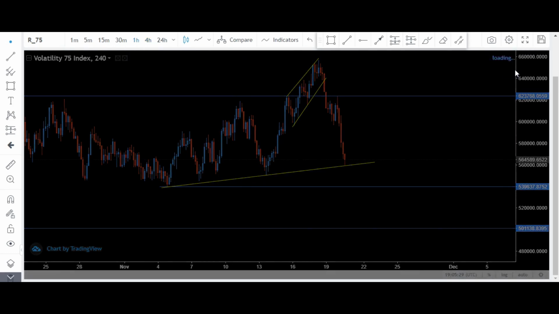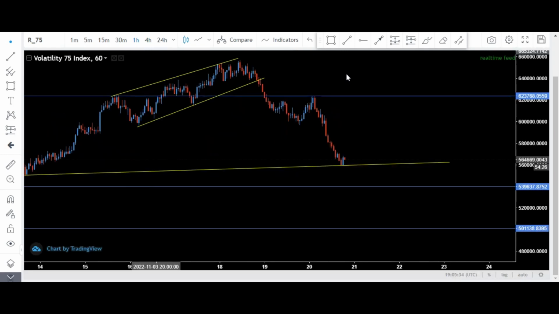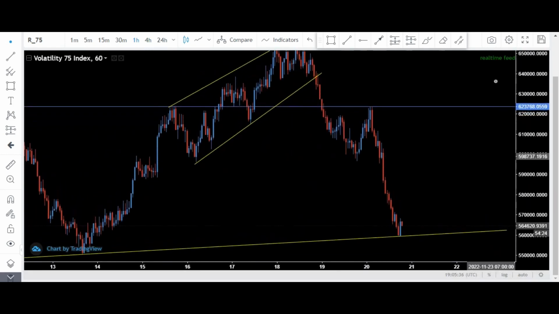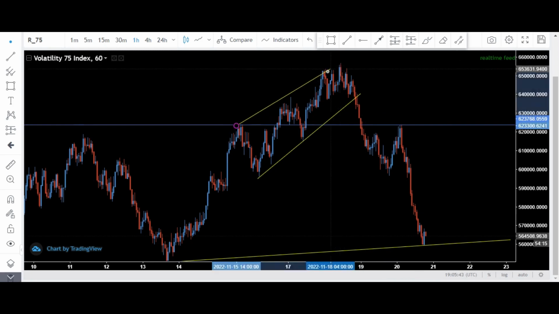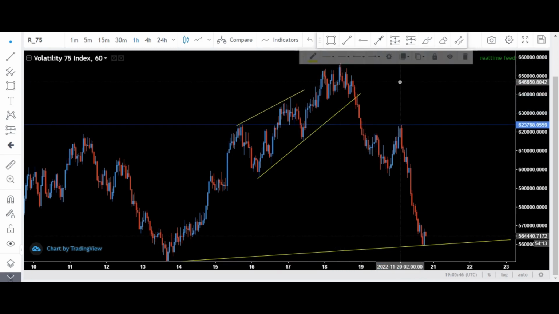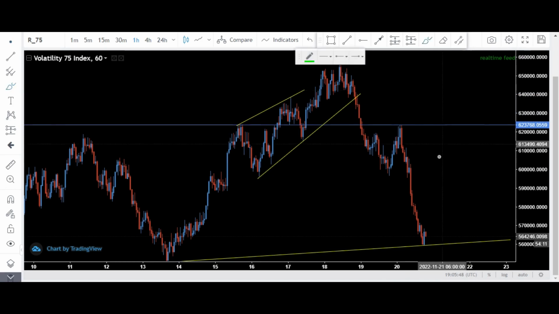So on the 1-hour time frame, once we got here, you can see that we came back. Then once we broke this level over here, that's where initially my trend line was.